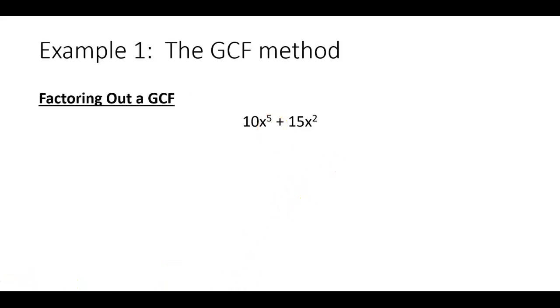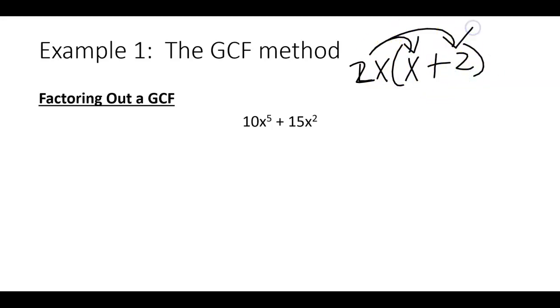Okay, so let's go ahead and start with factoring out a greatest common factor. The way that this works basically is it's the opposite of distribution. Distribution is where you take a number that's outside of a set of parentheses and you multiply it into the parentheses, right? You don't need to write this.